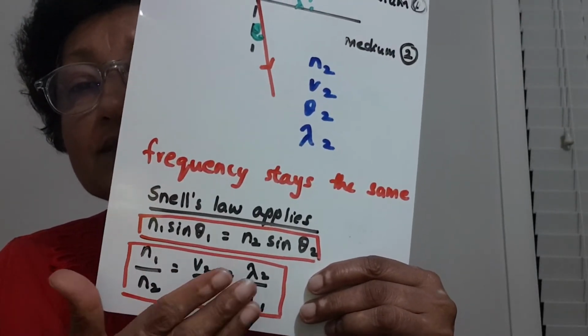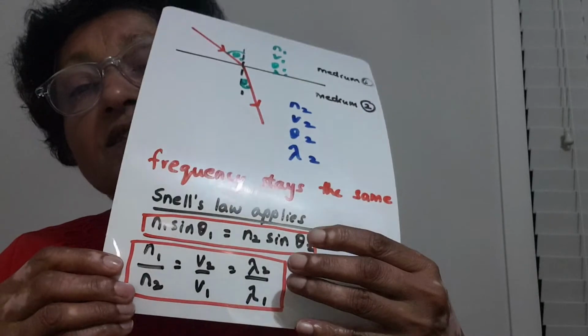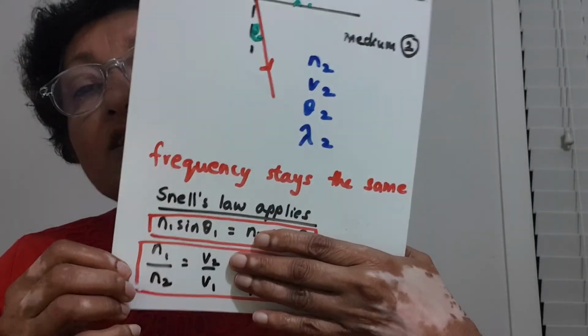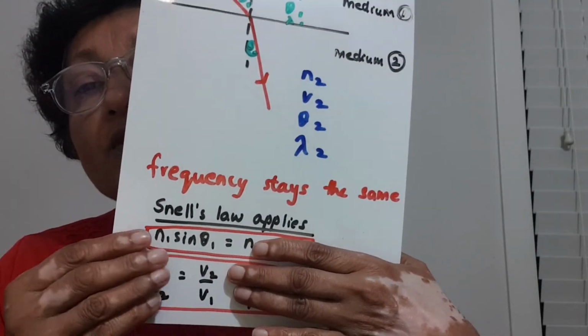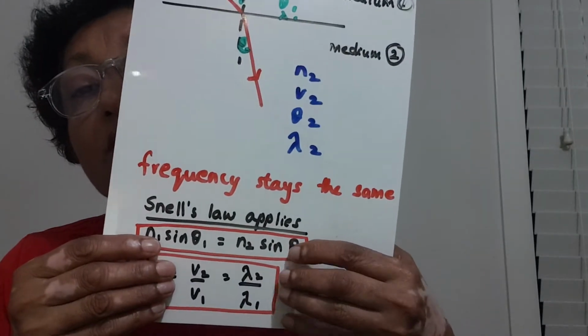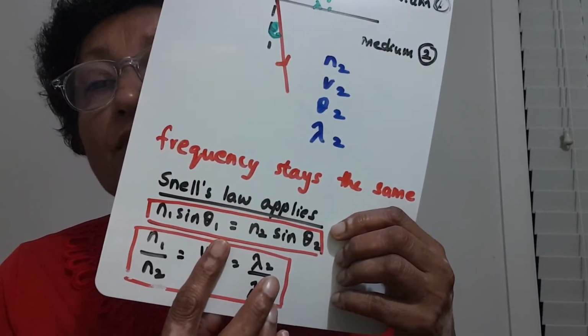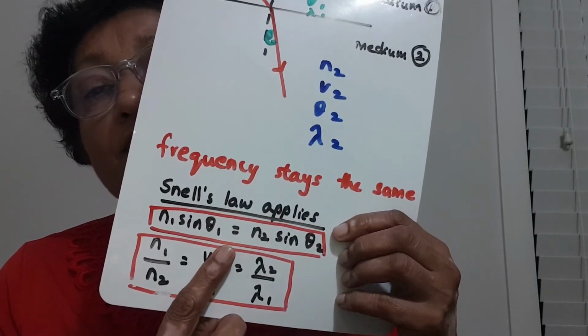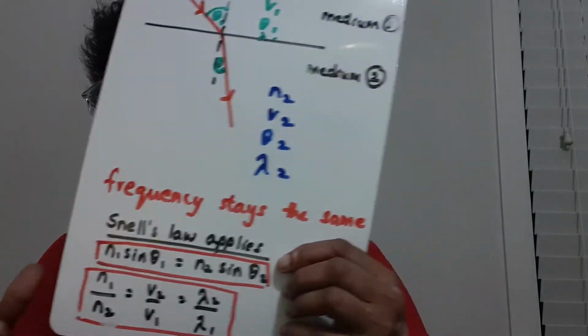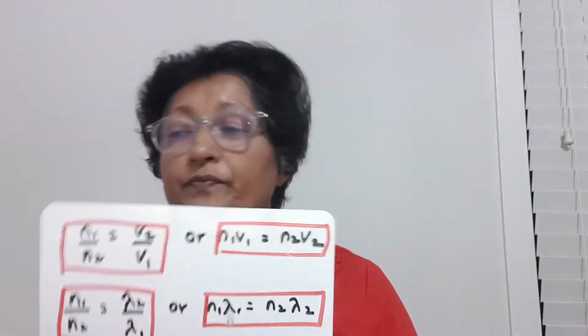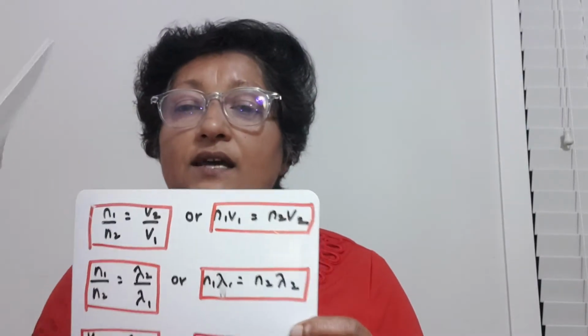So how do you use this? There are three things here, and you can use it in any combination. You can use these two together, or those two together, or n1 over n2 equals lambda 2 over lambda 1. I've written it out for you. Let's do that one at a time.